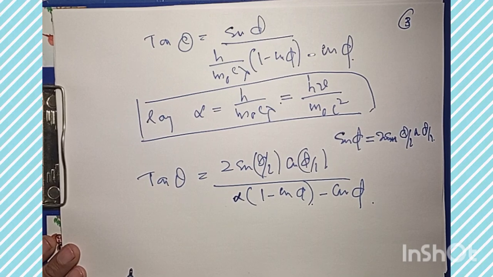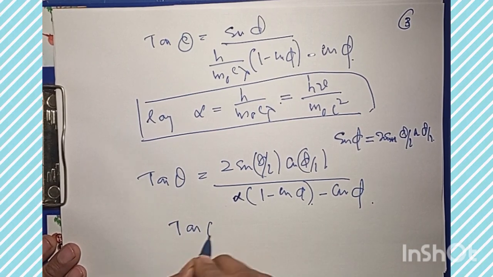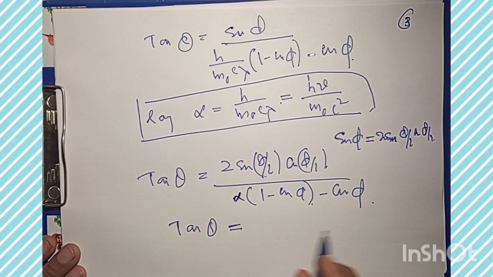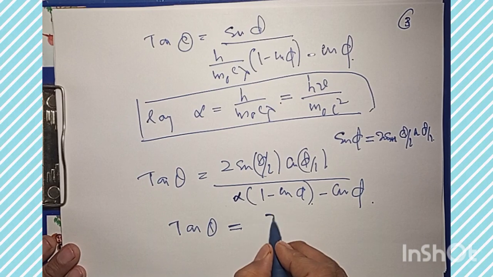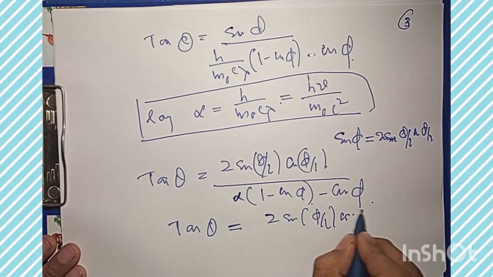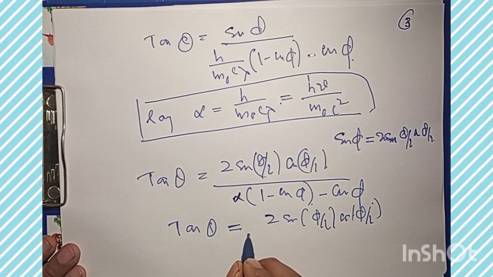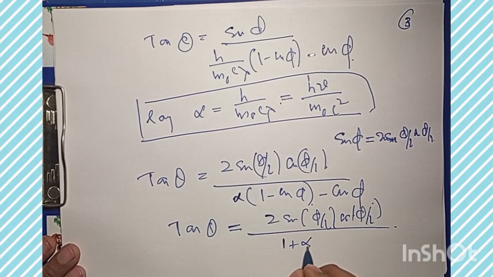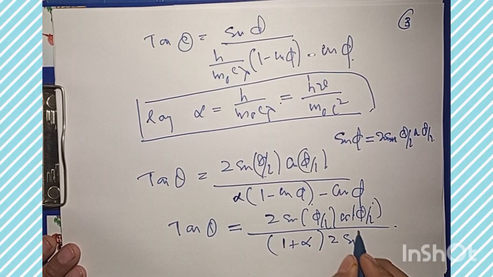Okay, this should be the case, and when we resolve this, we'll get tan theta equal to twice sine phi by 2 cos phi by 2, divided by (1 plus alpha) times twice sine square phi by 2.